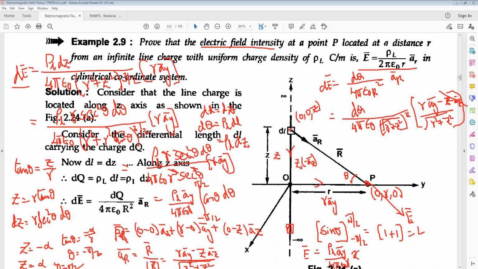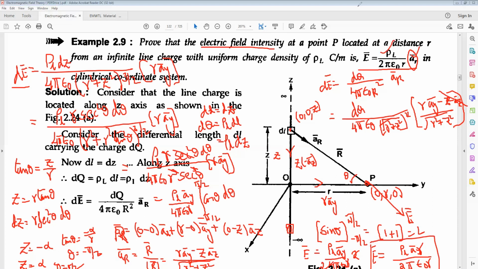So the total value is rho L a_y bar whole divided by 2 pi epsilon naught r. That a_y we can write as a_r because it is in the y direction, with the distance from origin to the point P being r, so let us take it as a_r. So E bar is equal to rho L a_r bar by 2 pi epsilon naught r.